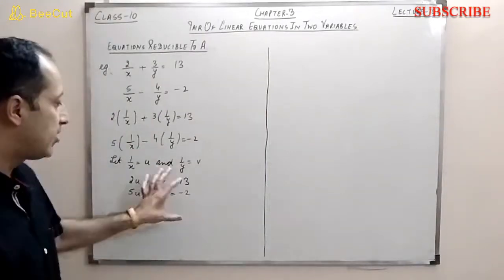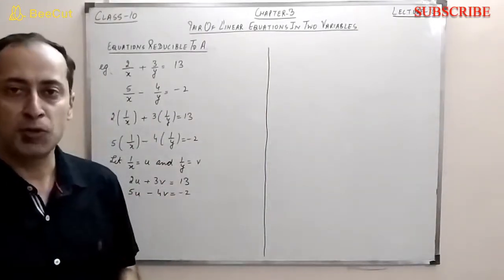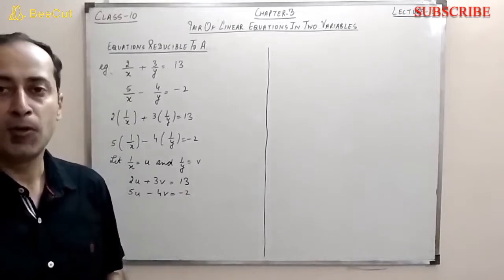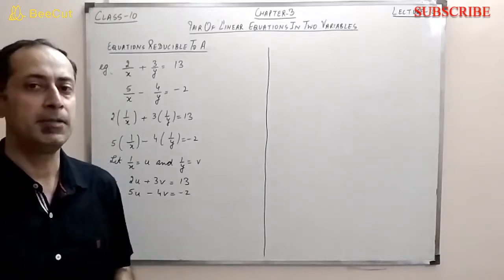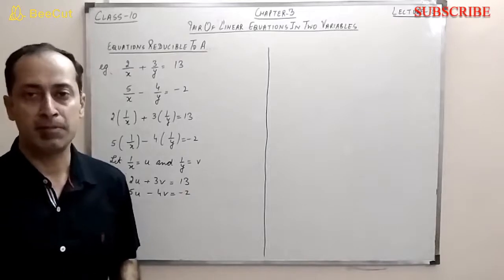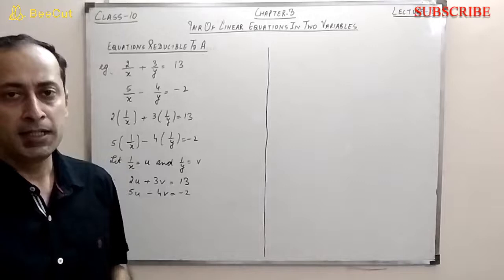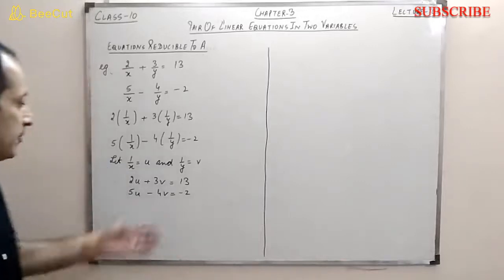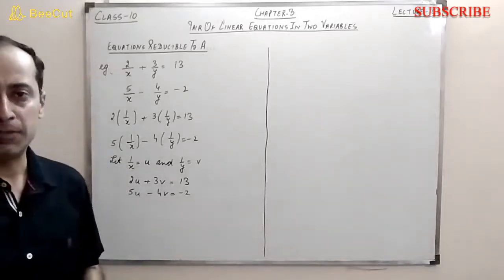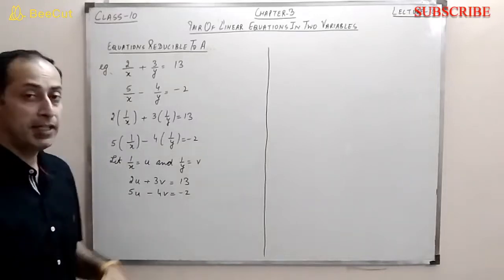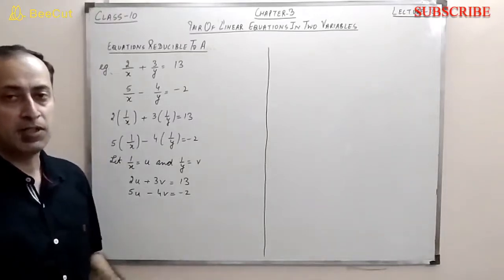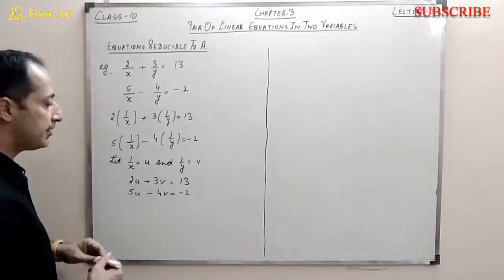Now this is actually a pair of linear equations in two variables, and we know how to simplify them. We can simplify them by any of the three algebraic methods: the substitution method, the elimination method, or the cross multiplication method. So let's try to solve by the elimination method. When we simplify these two equations using the elimination method, what are my steps?